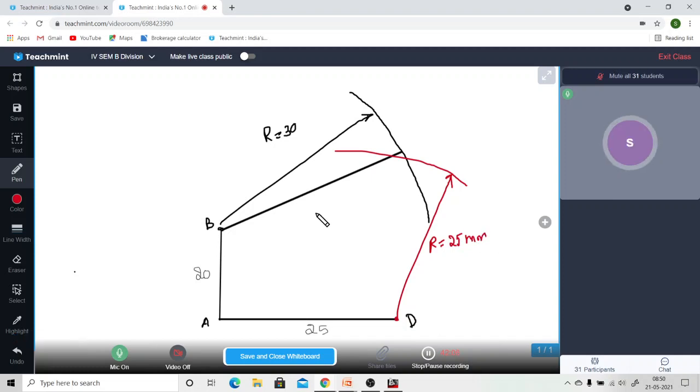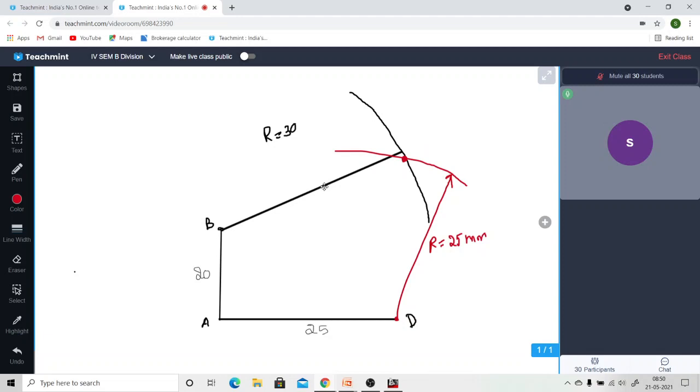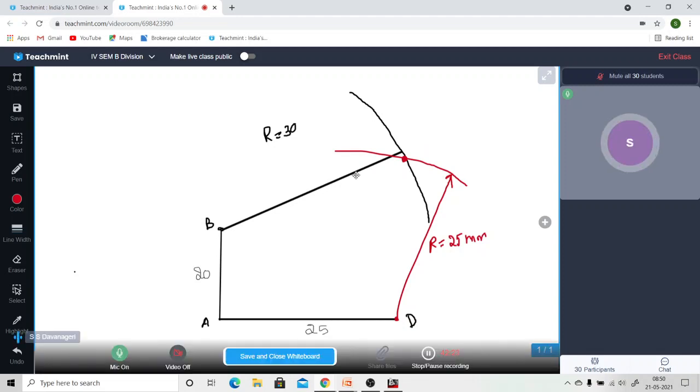Where you get the intersection point, mark this point as C. Mark this point as C here.